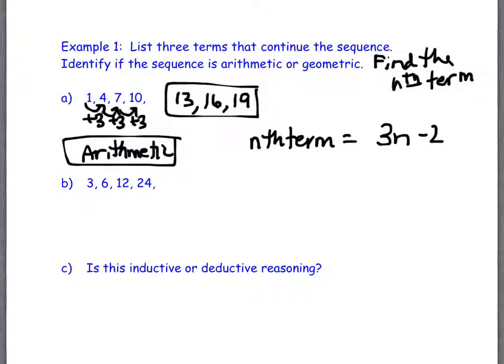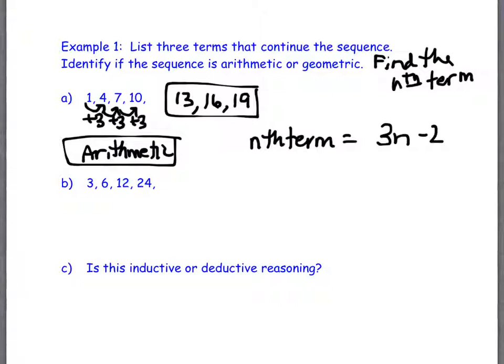Let's say I put in n equal to 2, just to make sure that I did it right. 3 times 2 is 6, minus 2. Is that my second term? It is. And I could keep going, and it would give me my third term as 7, and my fourth term as 10. It always works that way. Whatever value you need to add or subtract on the n is found by putting n equal to 1 in and comparing it to the first term in your sequence.